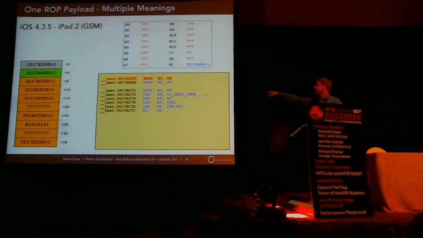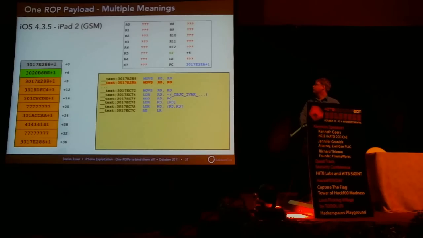You see, IDA is disassembling this as move R0 to R0, which is basically a flag-changing NOP opcode. So it's actually only changing the flags, but not doing anything else. And of course, this is a legal opcode, so it will execute it, move R0 to R0, and just increase the program counter, and nothing else will happen.